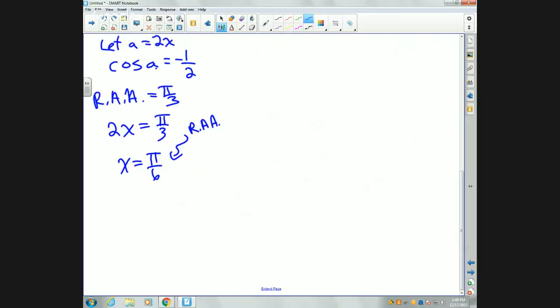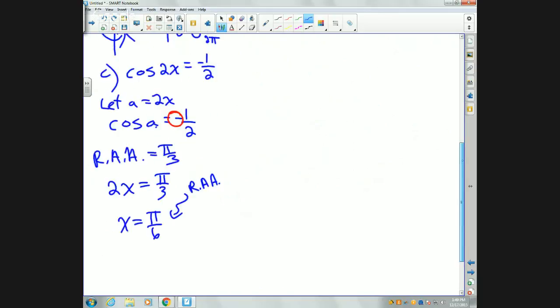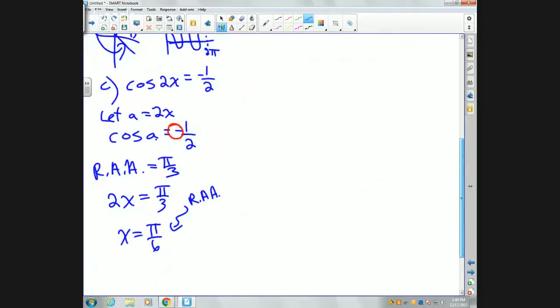And we are looking for a negative value. We want to know where the cos is equal to negative. We can do this a couple of ways. John already pointed out that the period here was pi.